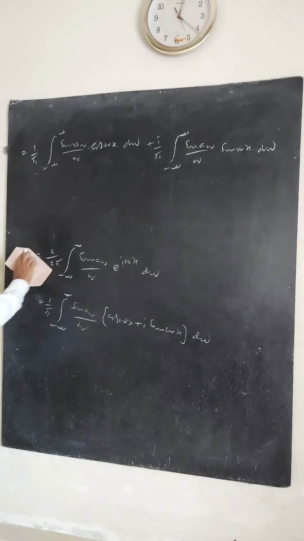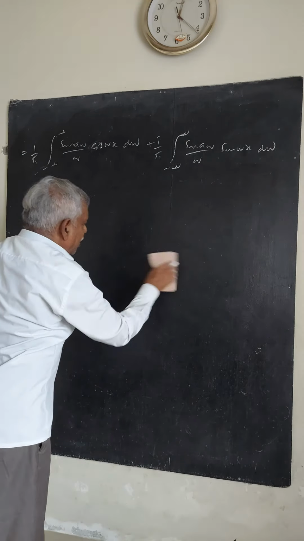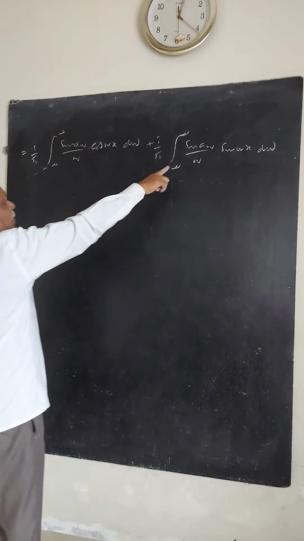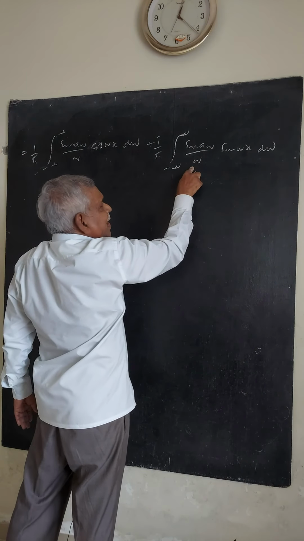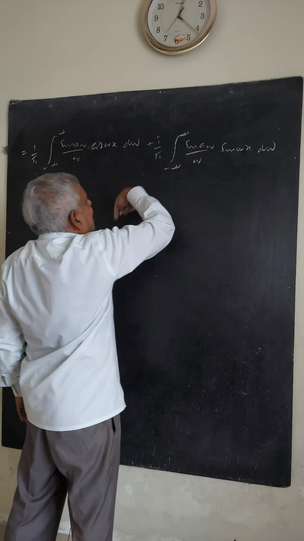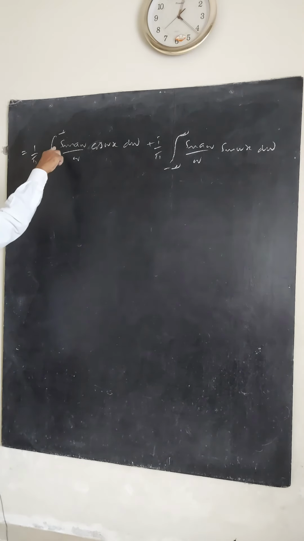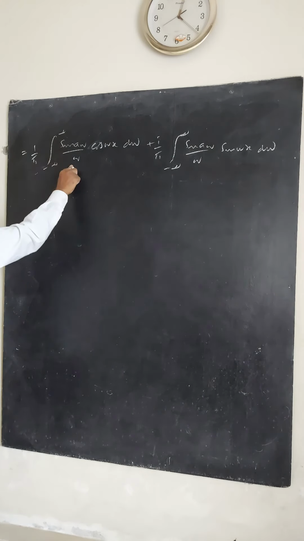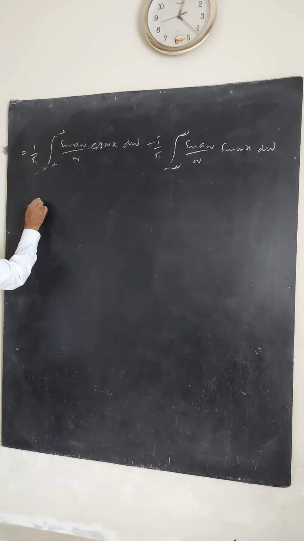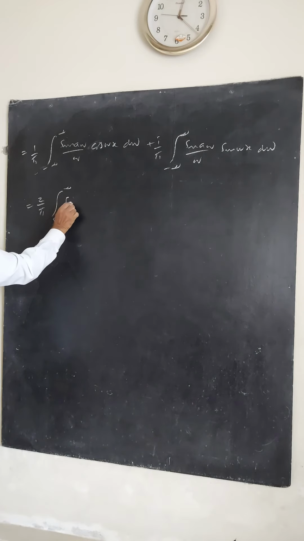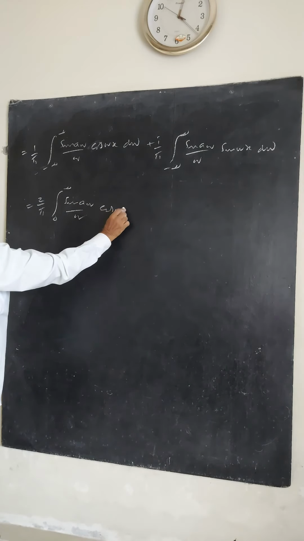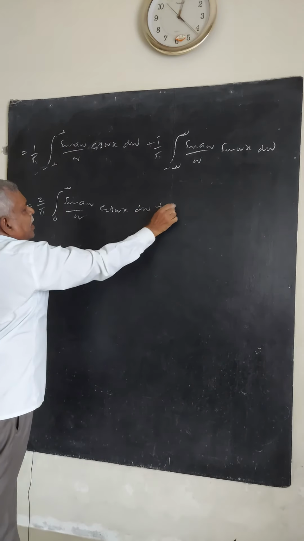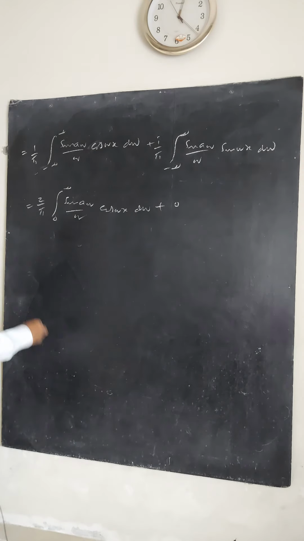We know already, the second part of the integral will become an odd function, so this is 0. Here, negative times positive, an even function. Even function: twice of 0 to infinity, sin a omega by omega cos omega x d omega, plus 0, odd function.